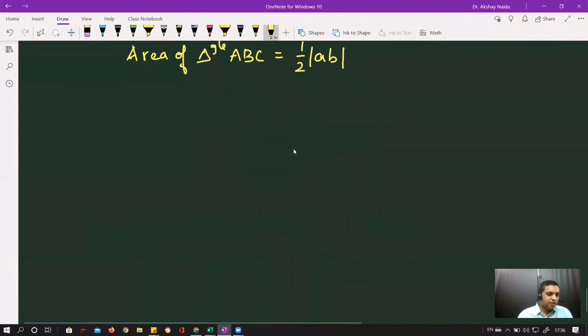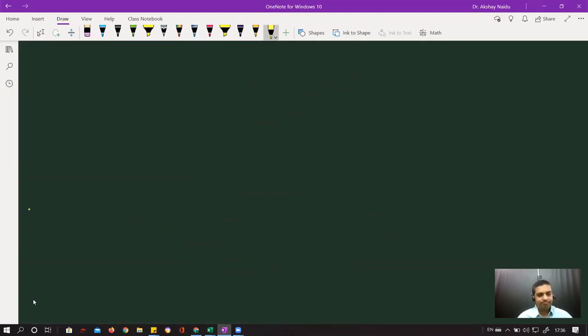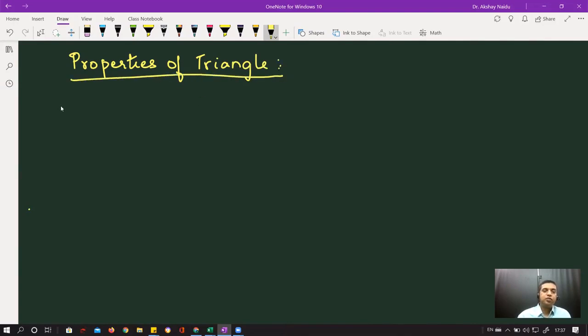Okay, next we'll move on to the properties of a triangle based on just this distance formula. Let us say ABC is known. Can we identify which kind of triangle it is? So let's say, further properties of a triangle using coordinate geometry.